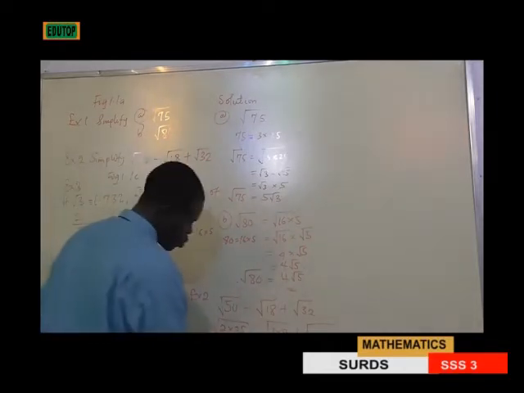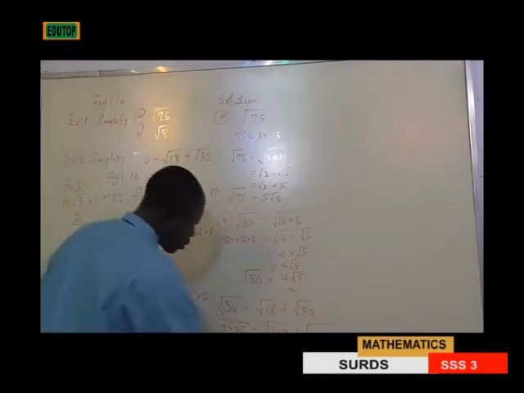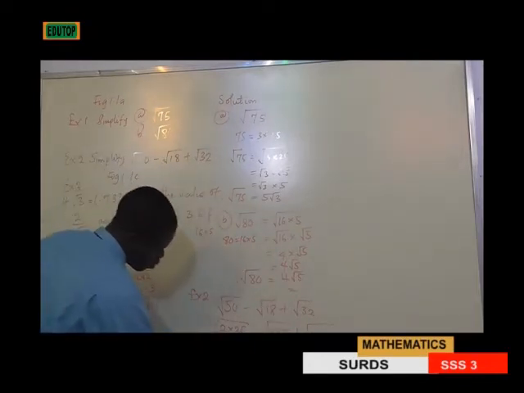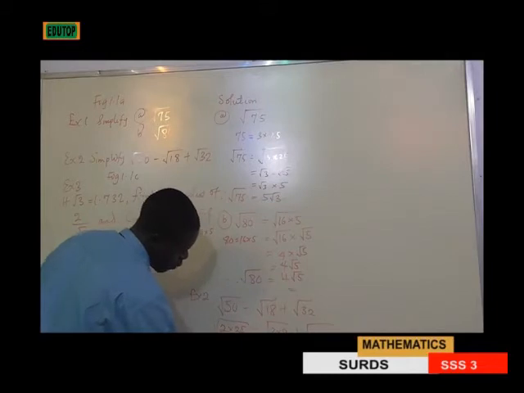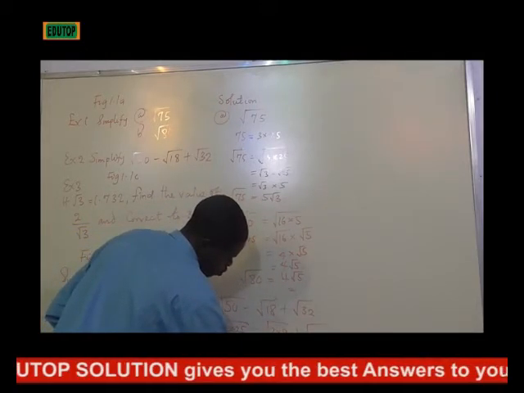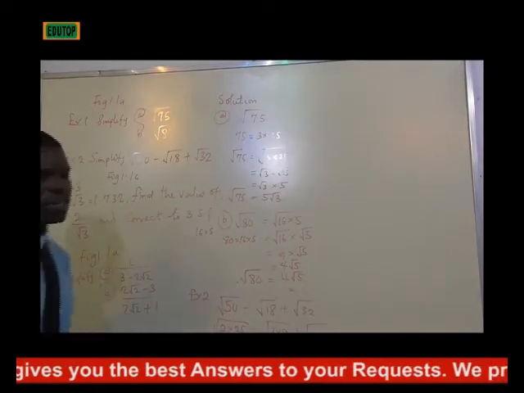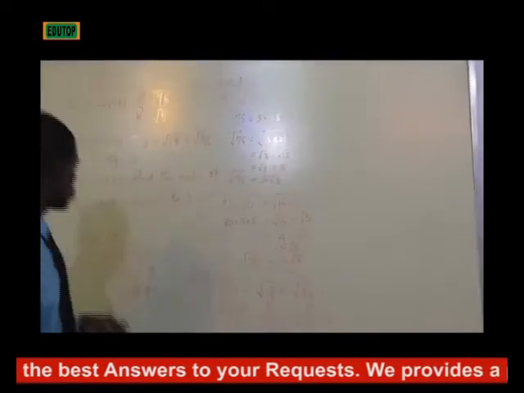So 5 root 2 minus 3 root 2 gives us 2 root 2. 2 root 2 plus 4 root 2 will give us 6 root 2. So the answer to that question will be 6 root 2.